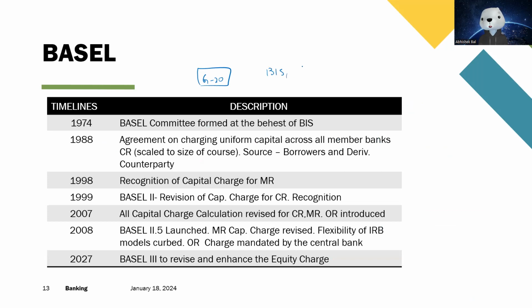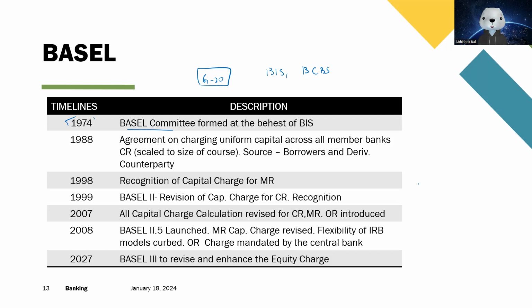These two bodies came into being, and they formed something called the Basel Committee. So the first Basel Committee was formed in 1974, but it took almost another decade and a half before the first Basel I regulations were rolled out.